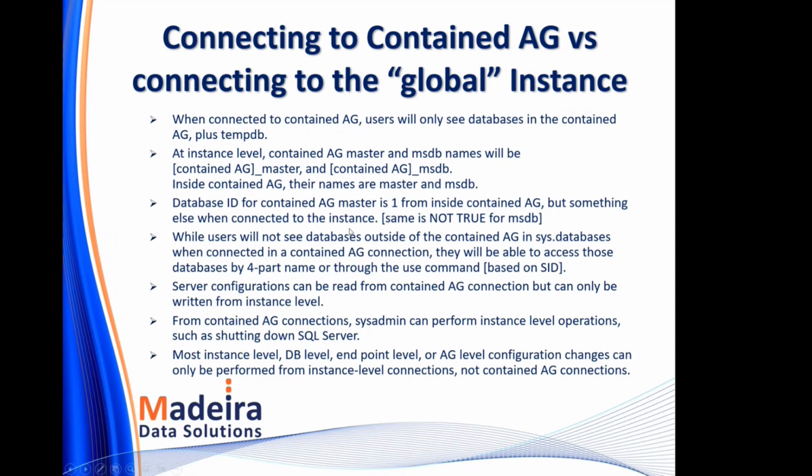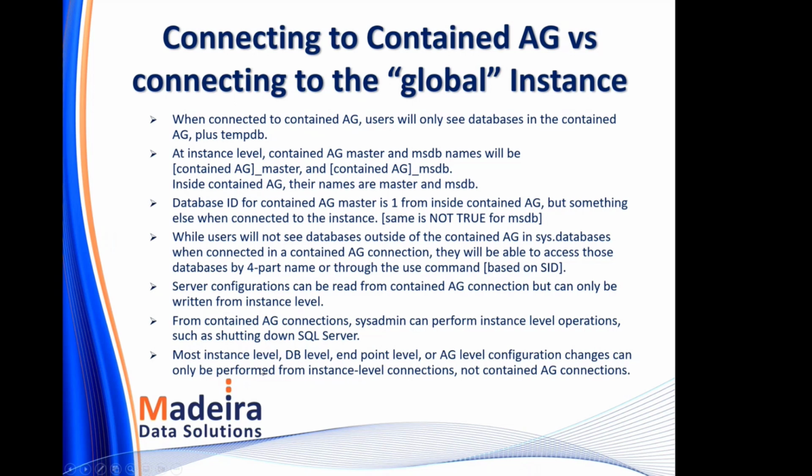Let's see, I said that. Server configuration can be read. Oh, that's not four part names, that's three part names. Server configurations, instance level configurations, can be read even when you're connected to a contained availability group, but they can only be changed when you are connected at the instance level.